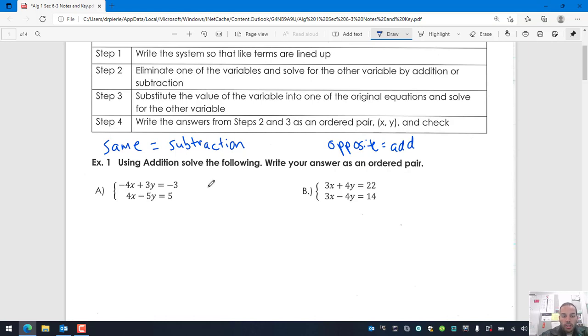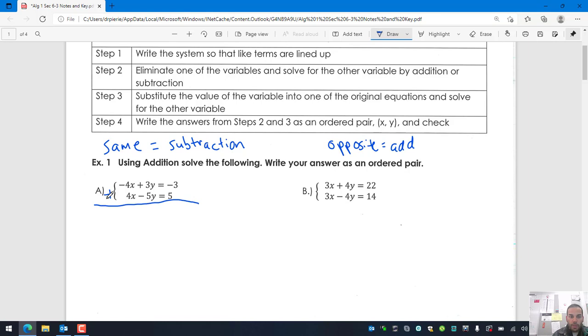Now, here's the principle you need to know. If you have opposite signs, in this case we do, -4 and +4, we are going to make this one big addition problem. So watch how I do this. Adding from the top to the bottom, I'm going to add straight up and down.